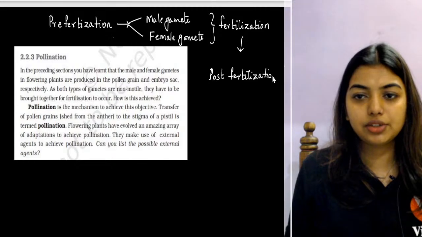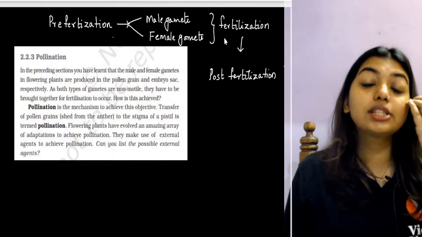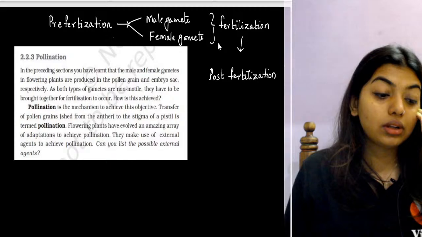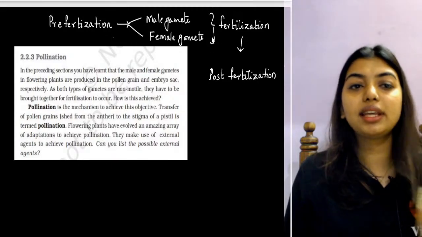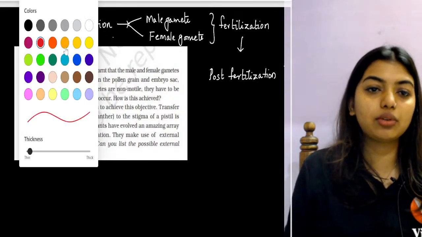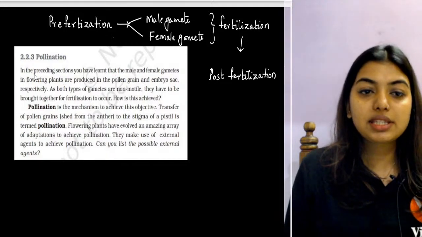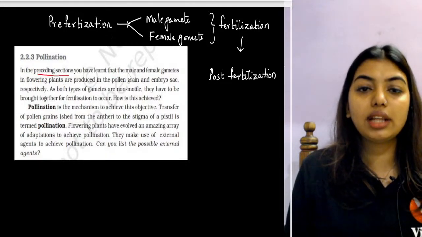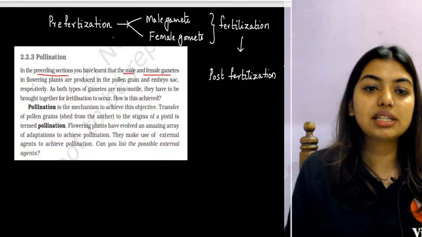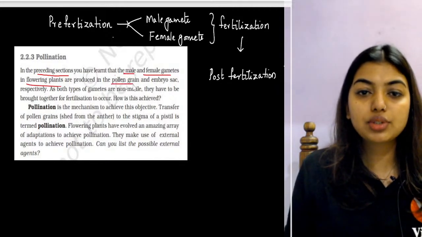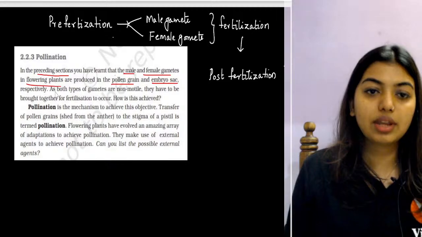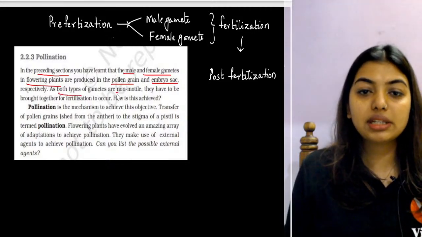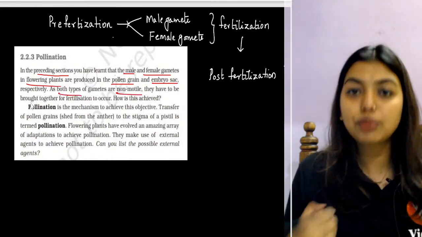Post-fertilization. So now for fertilization to happen, they have to meet, no? So meeting will happen now. Here in the preceding sections you have learned that the male and the female gametes in flowering plants are produced in the pollen grains and the embryo sac. As both types of gametes are non-motile, they will have to be brought together, correct?